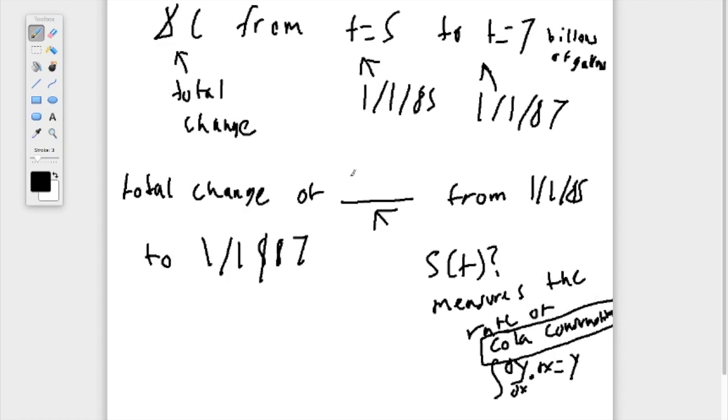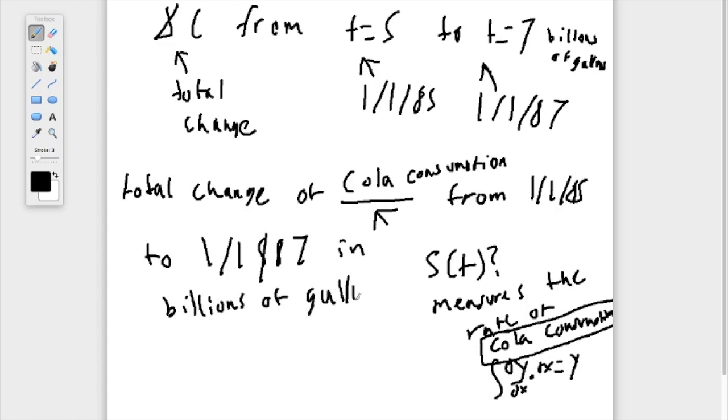So it's the total change of cola consumption from 1/1/85 to 1/1/87 in billions of gallons. Because if you're integrating a rate, it's just the original thing.